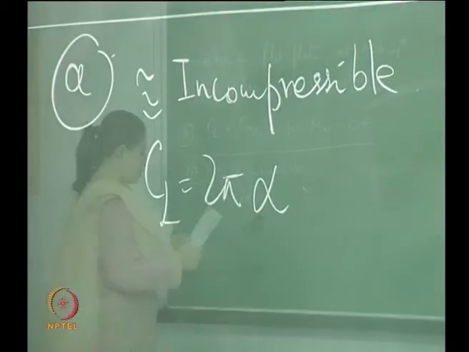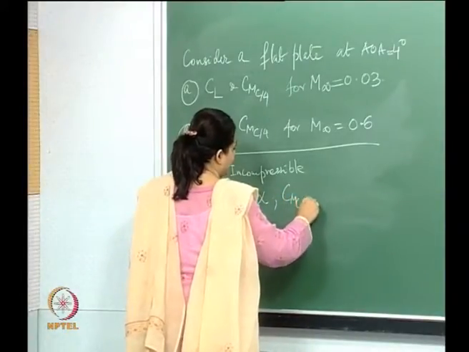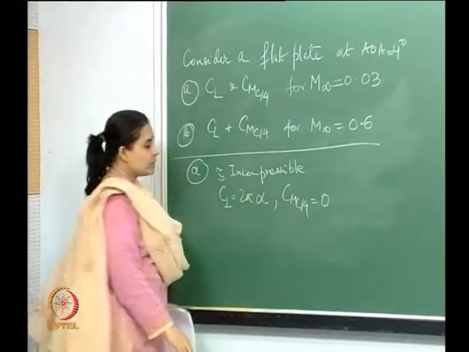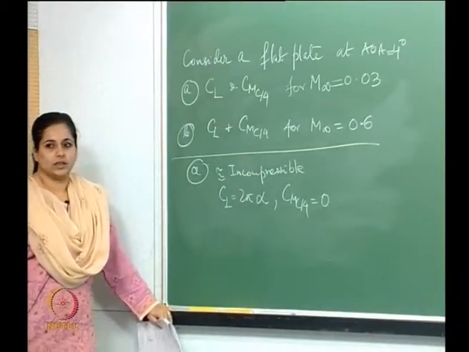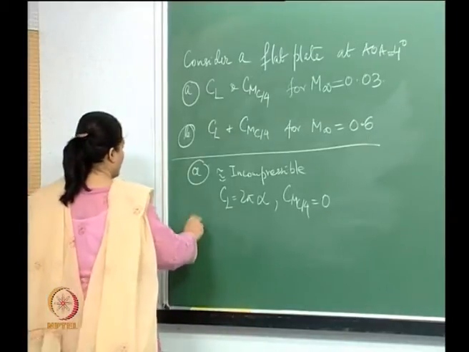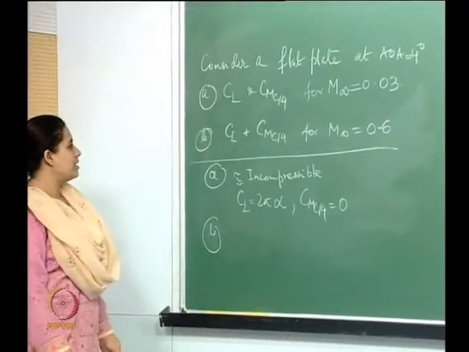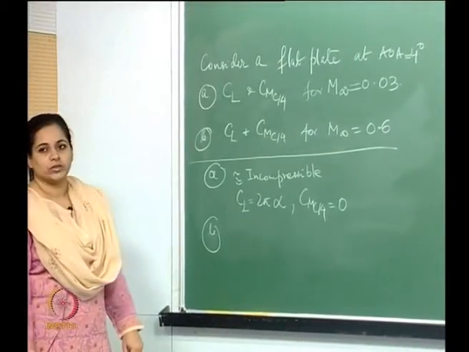This is a ready-made solution, and for a flat plate the quarter chord Cm is 0. If this is it, then we calculate the CL and CM for Mach number 0.6.